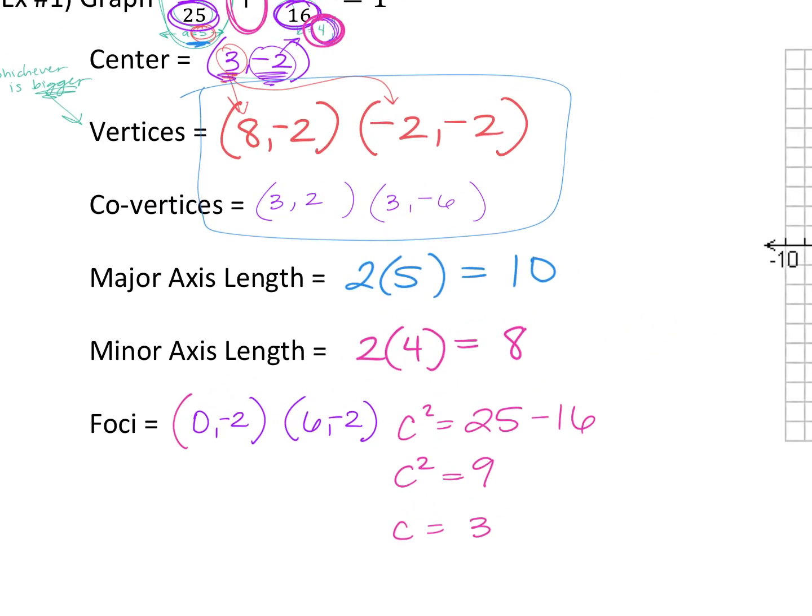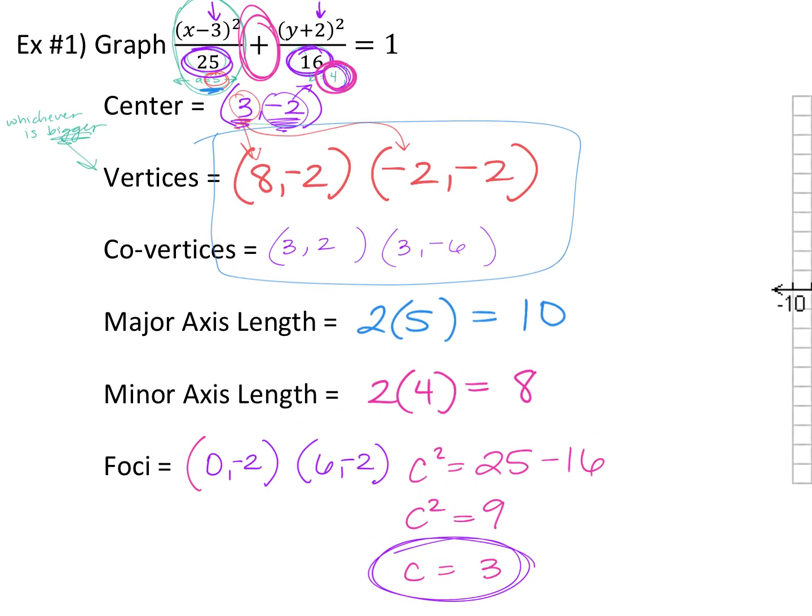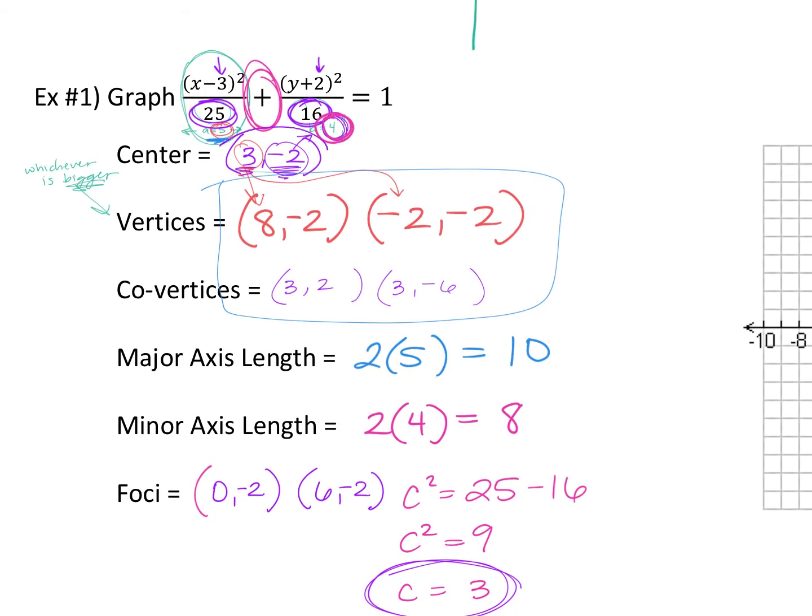Now again, if you don't want to do it from the graph, if you know your c is 3 and you come up here to your center, right? 3, -2. If I go 3 to the left, I'm at 0, -2. If I go 3 to the right from 3, I'm at 6, -2. Okay, so you can do it from the numbers or you can do it from the graph. Questions on that?